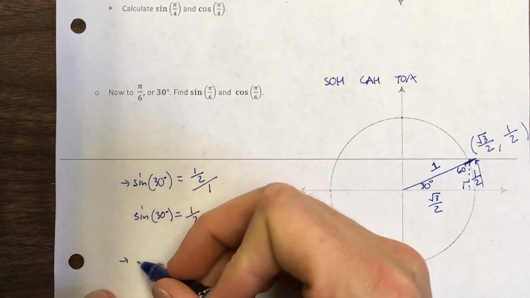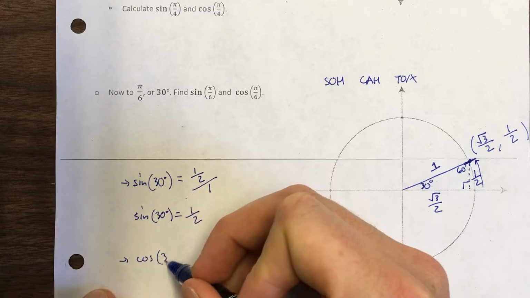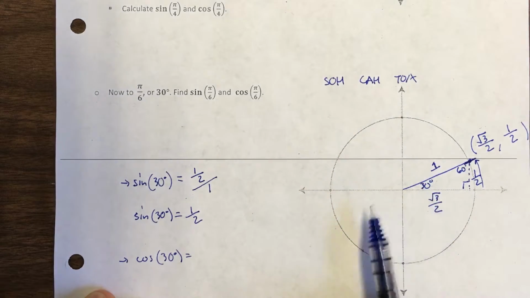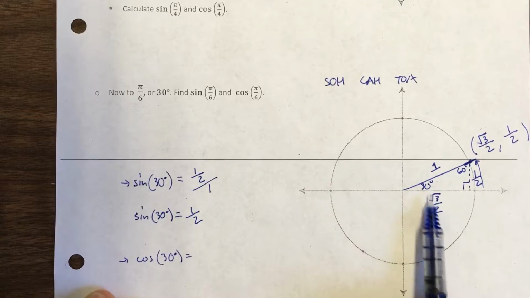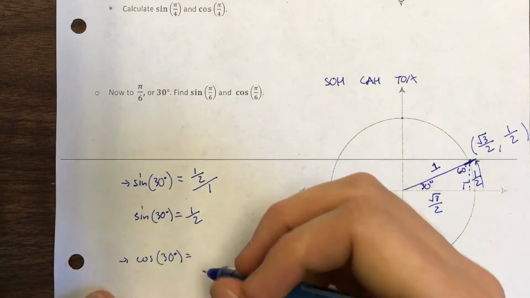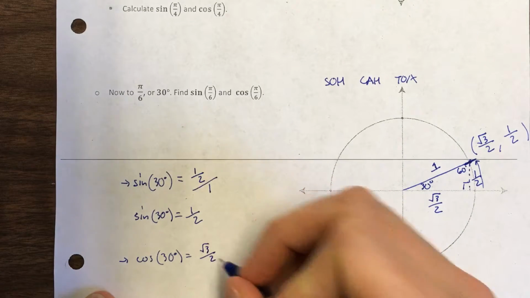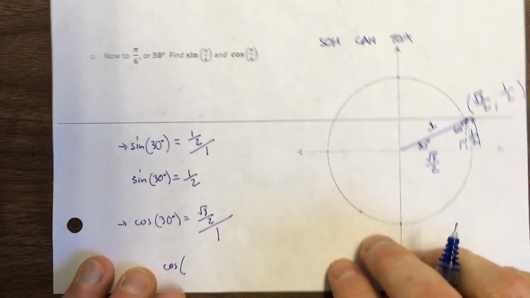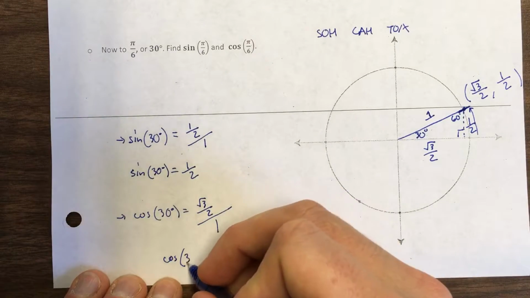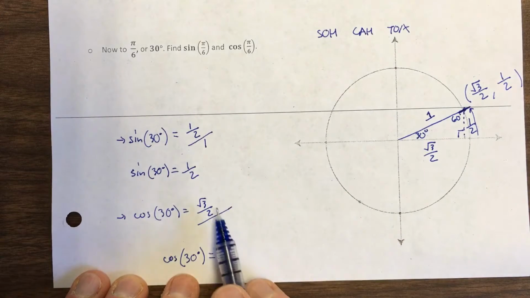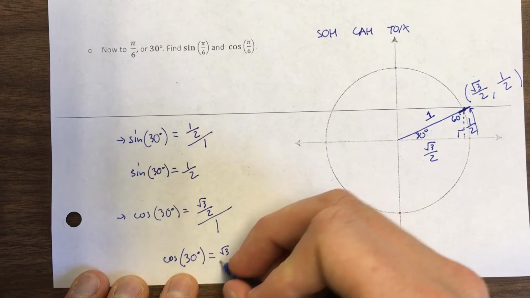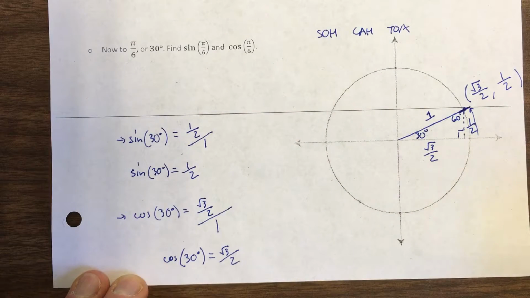Similarly, we could find cosine of 30 degrees, adjacent over hypotenuse. So if I'm at 30 degrees, the adjacent side is going to be the square root of 3 over 2 over the hypotenuse, which means that cosine of 30 degrees, again, anything divided by 1 is itself, so we have square root of 3 over 2.